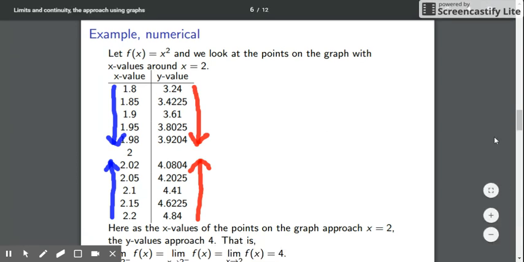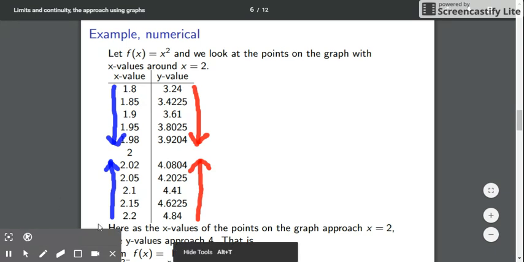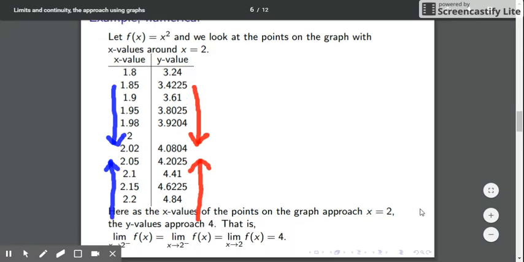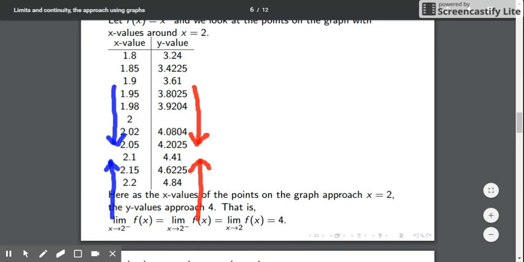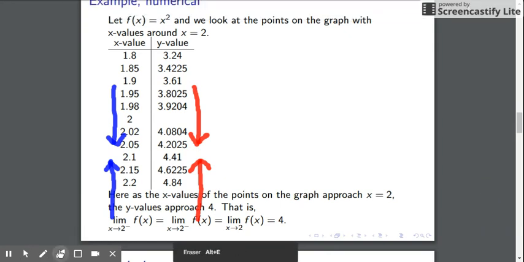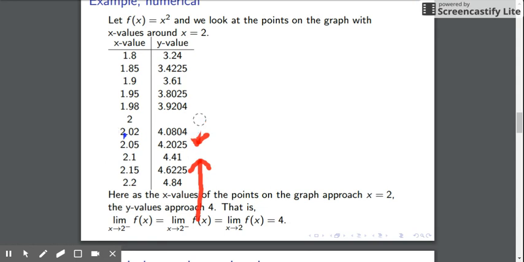So this is a numerical example showing that the limit of f of x as x approaches 2 from below and above is going to be equal to 4.